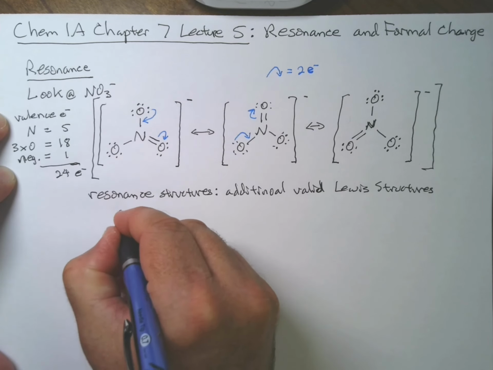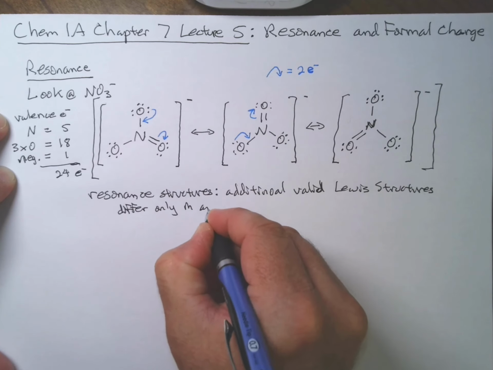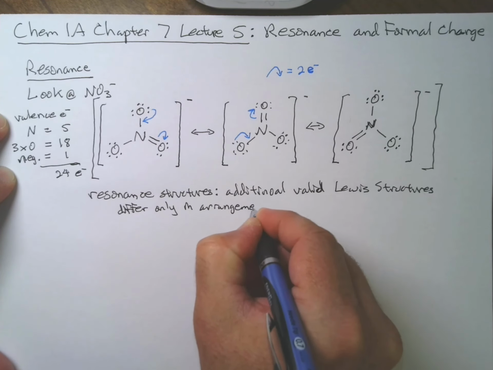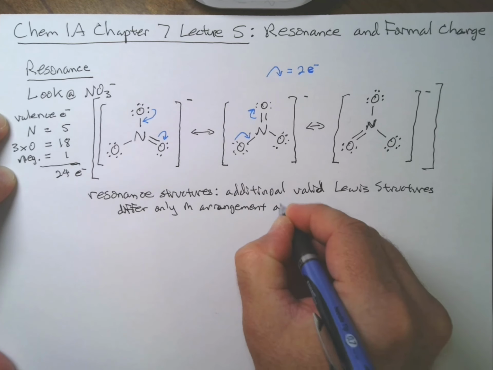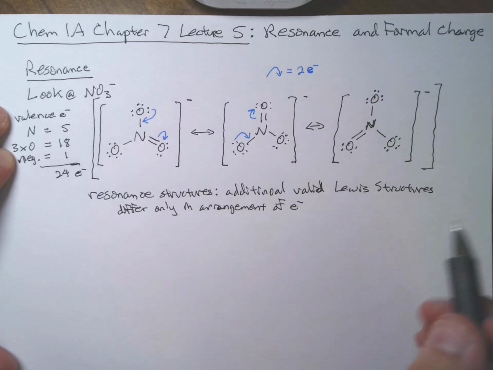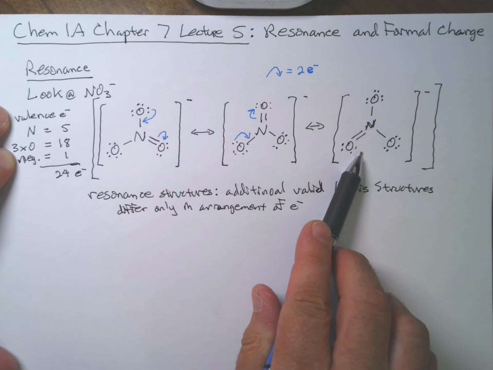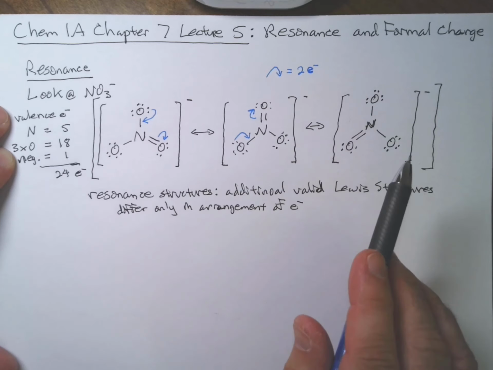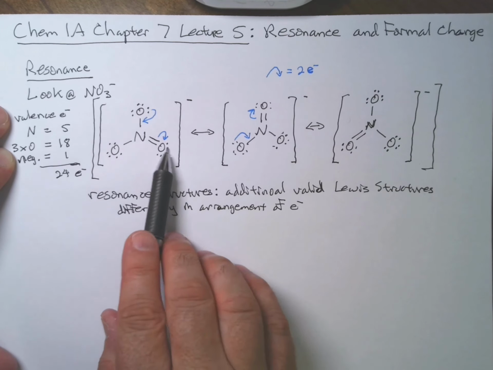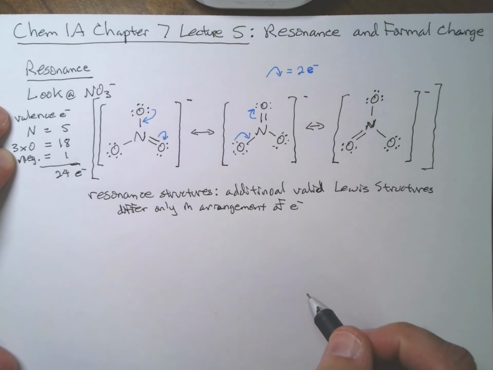And they only differ in the arrangement of electrons. Those could be lone pairs, they could be bonds, but the only thing we do is push around the electrons. Now I know this guy looks like this guy rotated and rotated again, but for resonance structures, we're going to pretend that our atoms are stuck to the paper and we can't rotate the molecule. We can just push electrons around.